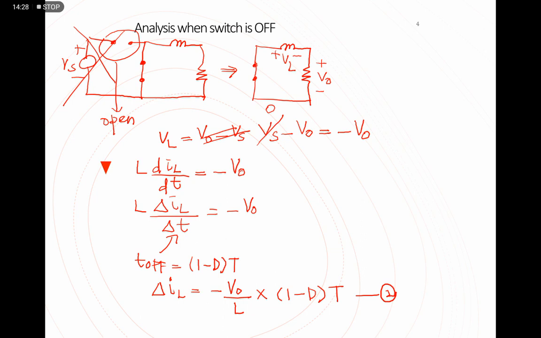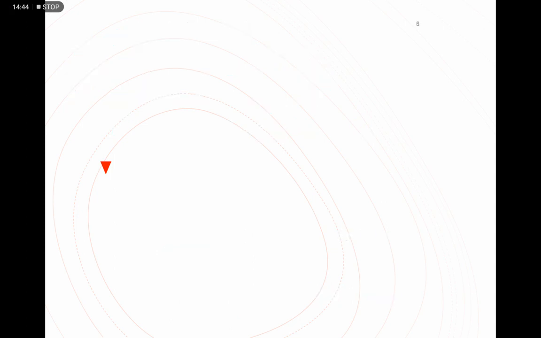From these two equations, you need to sum them up by using KCL, Kirchhoff's current law, in order to find the equation for the duty cycle. So by KCL, delta IL when your switch is on plus delta IL when your switch is off equals 0.